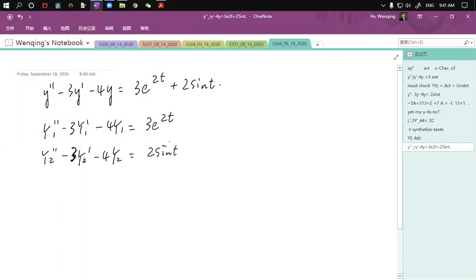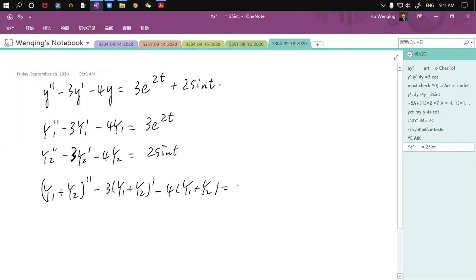Then you can see that it suffices to combine them. So y1 plus y2: (y1 plus y2) double prime minus 3 times (y1 plus y2) prime minus 4 times (y1 plus y2) will be equal to what you want, 3 times e to the power 2t plus 2 times sine t. With linear combinations, this is a good feature.